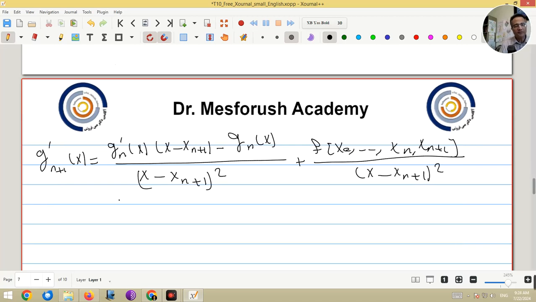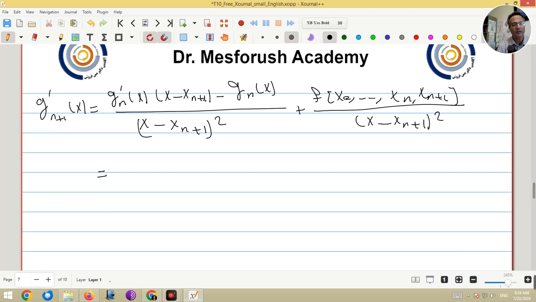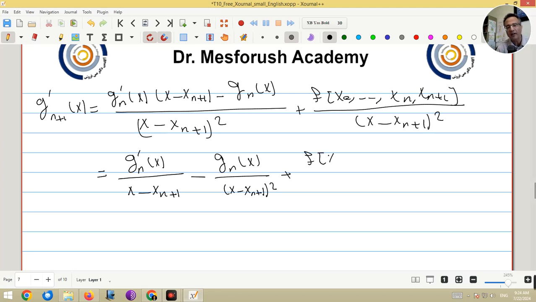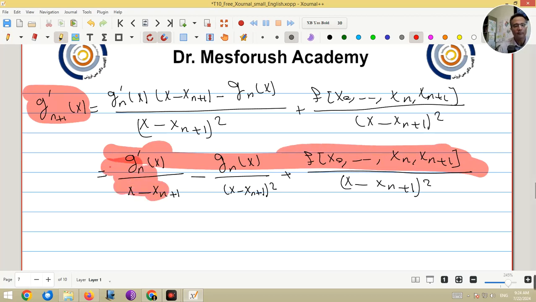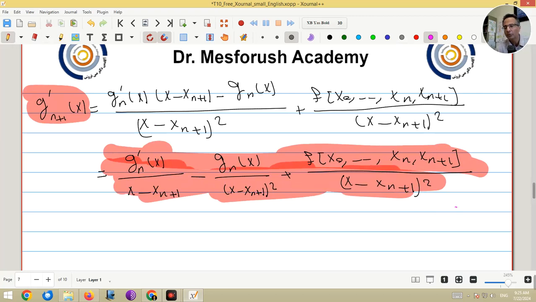If I split the first fraction and cancel x minus xn+1 from numerator and denominator, I will have g'n(x) over x minus xn+1 minus gn(x) over (x minus xn+1) squared plus f[x0, ..., xn, xn+1] over (x minus xn+1) squared. So I proved so far that g' is equal to this. Call it double star.